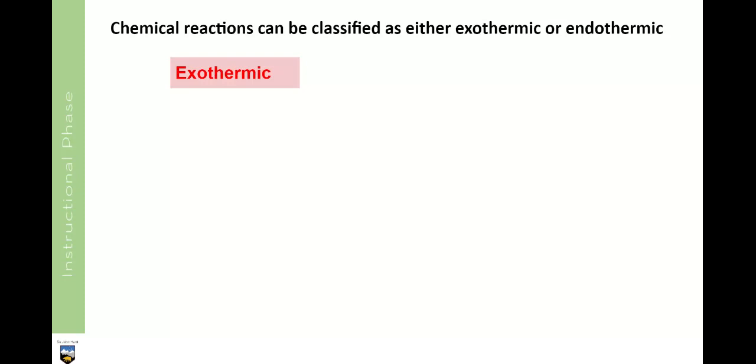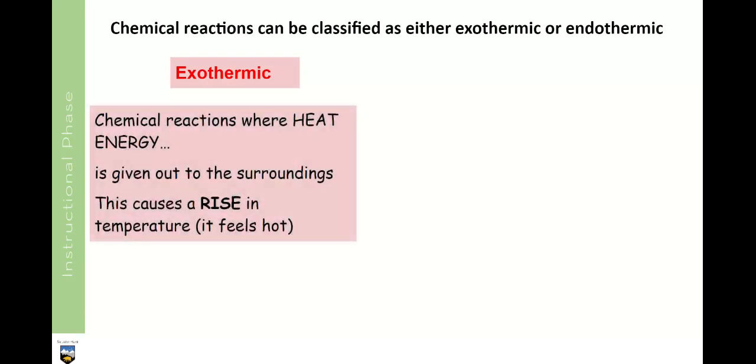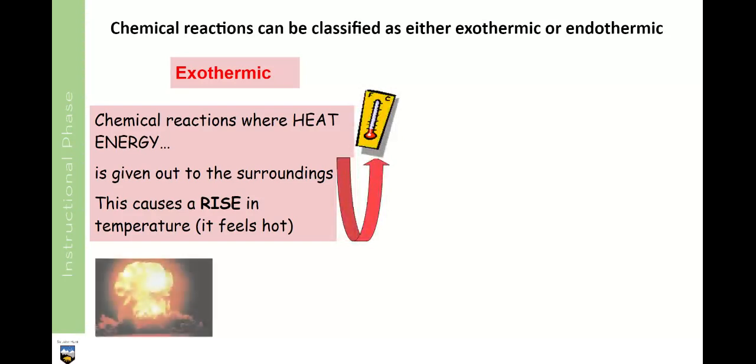So if a reaction is classified as exothermic, it's where heat energy is given out. So a reaction takes place and the heat energy from that reaction is given out, which means the temperature of your surroundings increases. It begins to feel hotter. So for example, combustion is an exothermic reaction because when it reacts, it gives out a lot of heat energy.